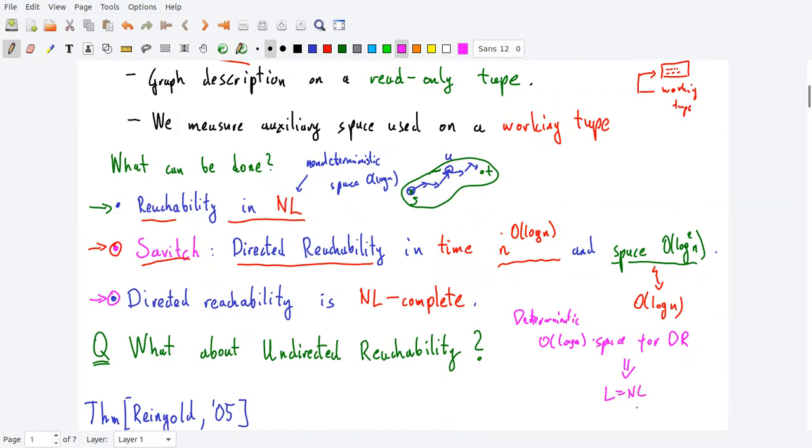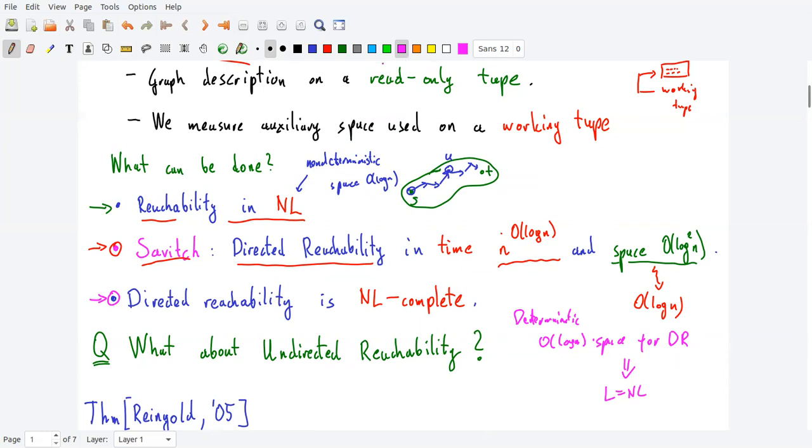So every problem that is in non-deterministic log space can be determinized into an algorithm that admits space complexity order of log n that is deterministic. So this is an outcome that is pretty unlikely. And therefore, we assume that this is not the case. So for directed reachability, this would be a major breakthrough in complexity theory if this was the case.